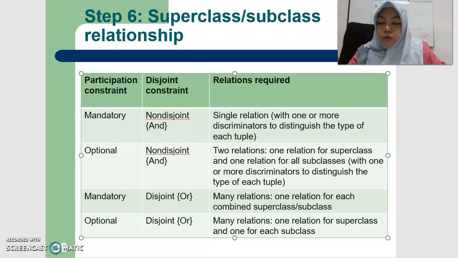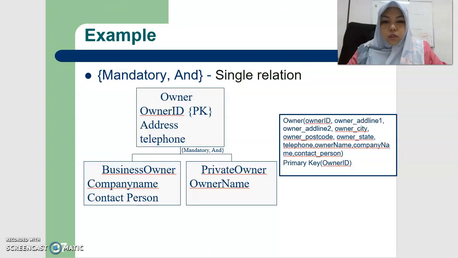Okay, so we will go through one by one how to map the ER diagram to the relational model that consists of superclass and subclass. So for the first combination, that is mandatory and, for example, we have owner as the superclass, and we have business owner and private owner.